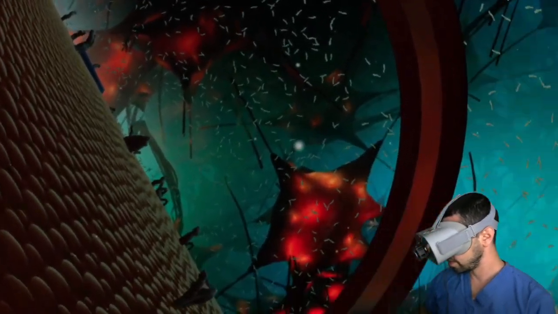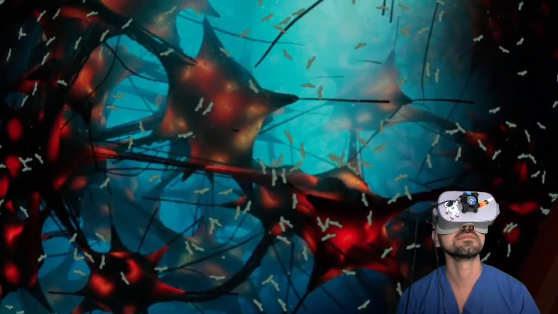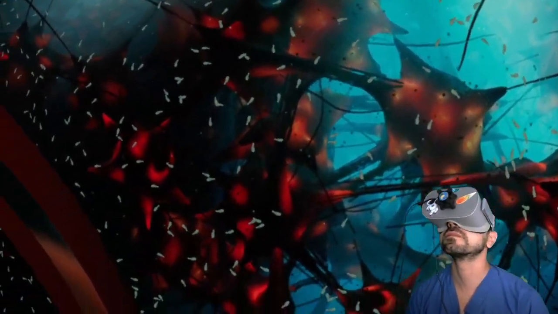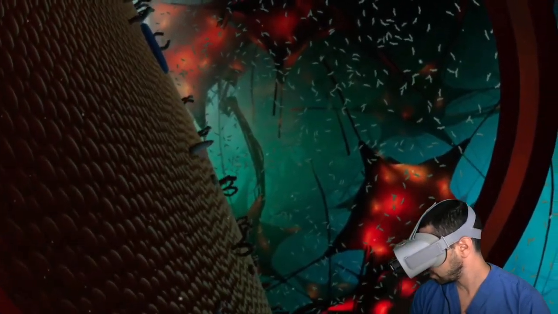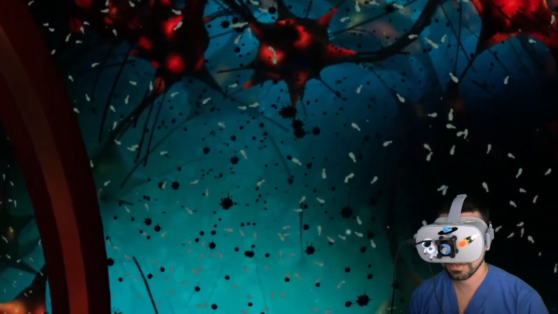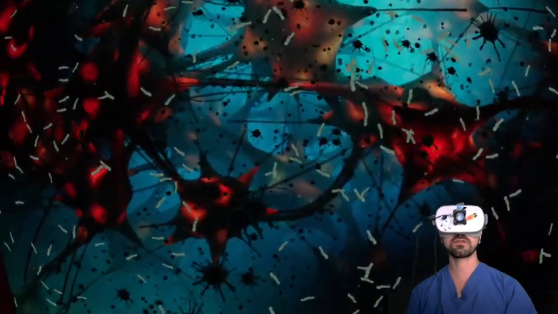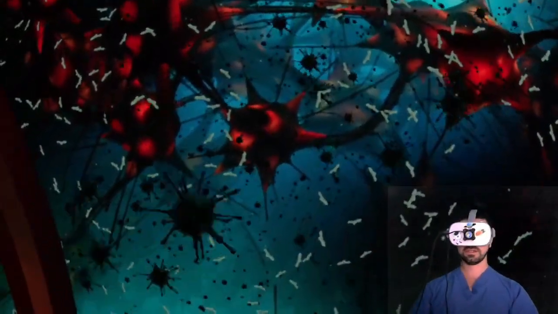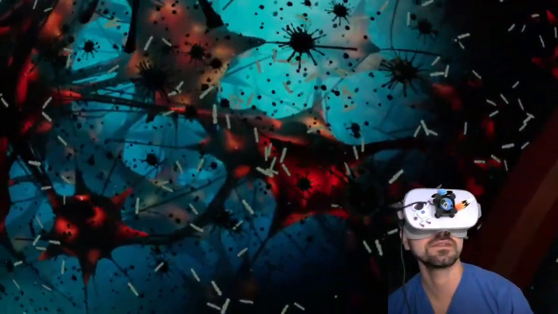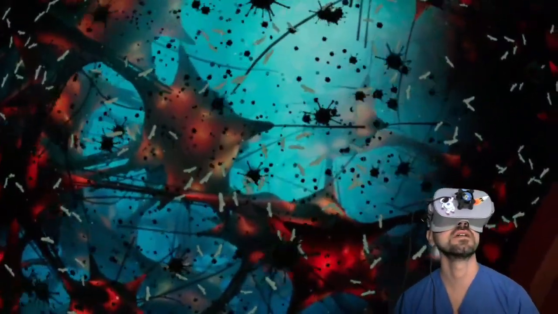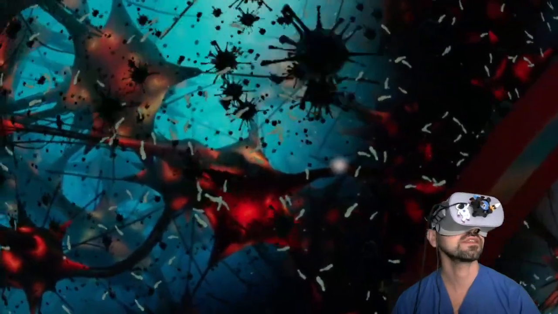What is all this here? Looks like we have a virus attack. Oh my god, these are the viruses. It looks like the coronavirus, seriously. That's scary. This is how the coronavirus looks like. It's surrounding the cells. It's attacking us everywhere.